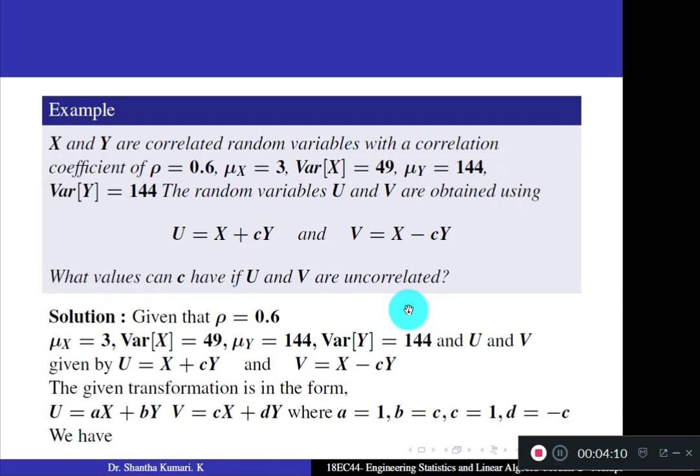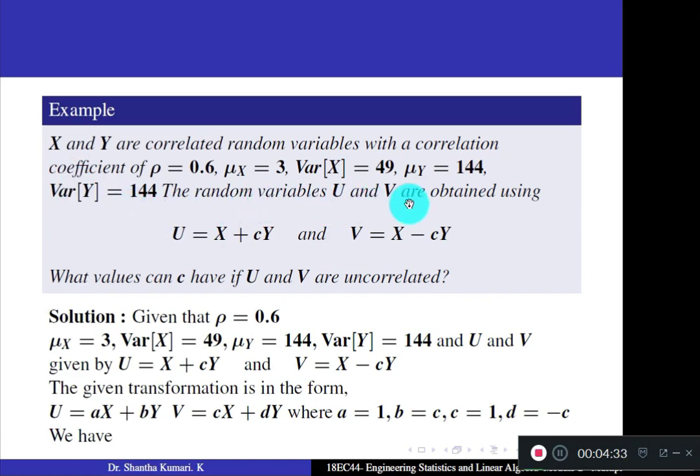Now we will work out some problems using this. Given that x and y are correlated random variables with a correlation coefficient rho equal to 0.6, mu x equal to 3, variance of x equal to 49, mu y equal to 144, variance of y is 144.